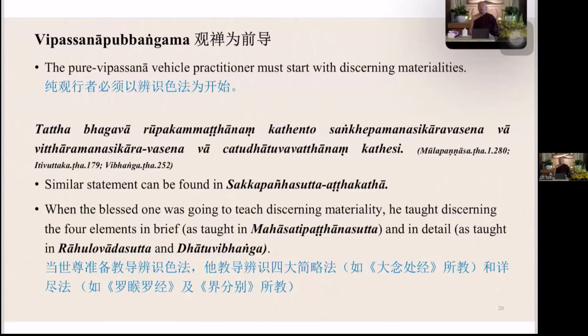Now, when we are going to explain the 4 elements, we just have to know their characteristics. As we have already learned in many different parts of the Buddha's teaching, the 4 elements are the earth element, water element, fire element, and wind element. They can be found everywhere in our body.